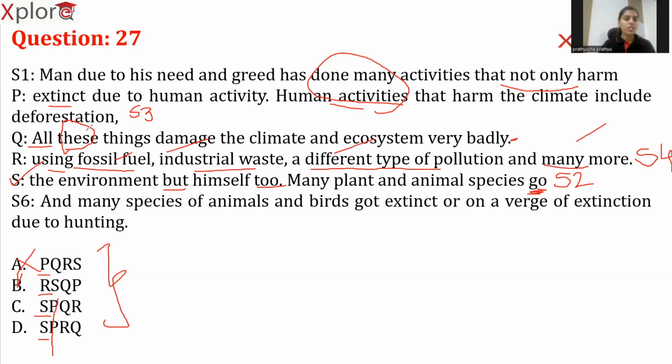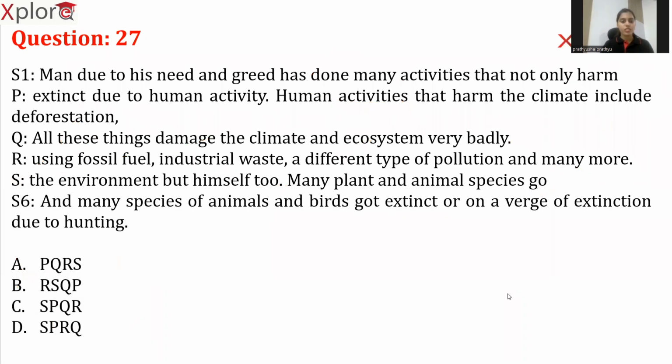So here the pronoun these is referring to all these nouns. Damage the climate and ecosystem very badly. And many species of animals and birds got extinct or on the verge of extinction due to hunting. Got it? So here the right answer is option D.